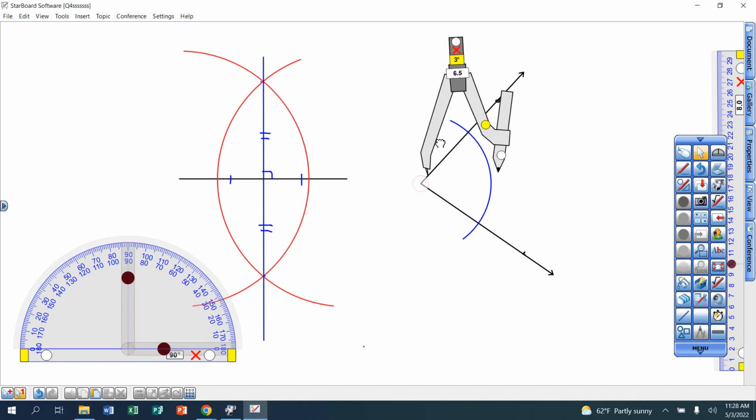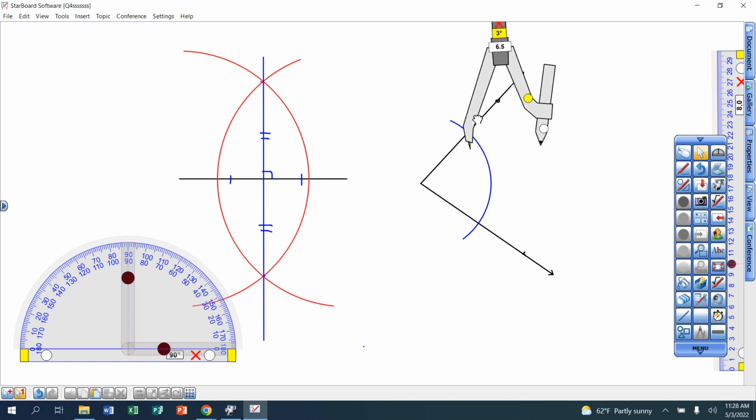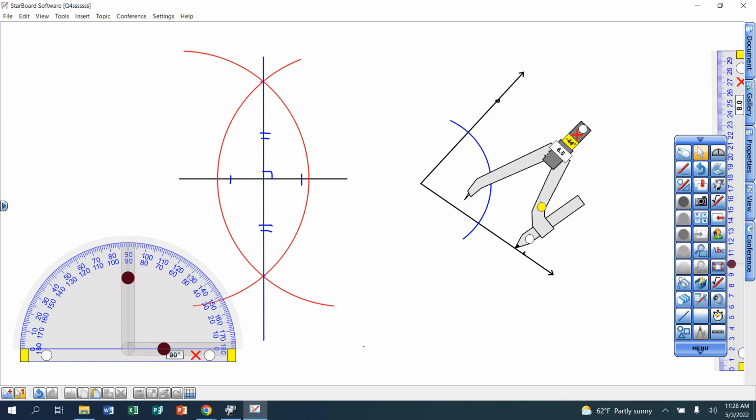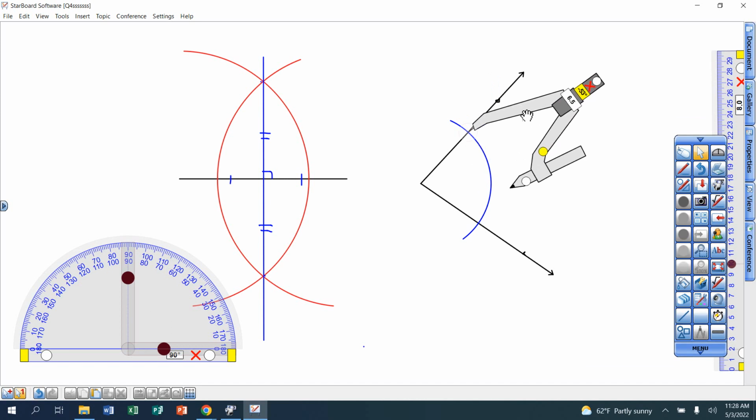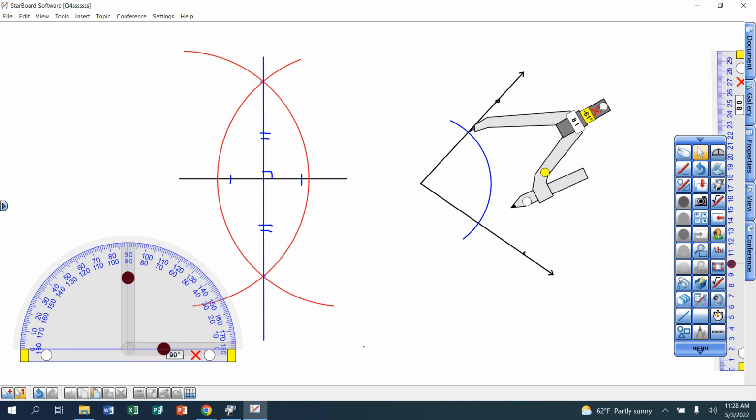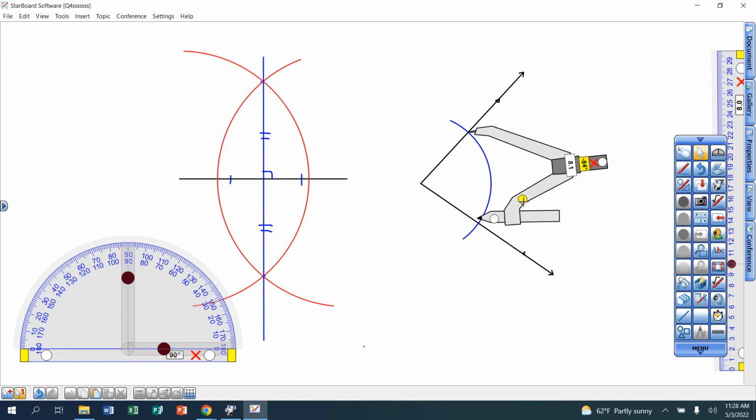I need to measure, which means put the tip all the way up there and then put the other part of my compass, the pencil part, so it lines up exactly with that opening. So I'm going to adjust mine a little bit. Looks like I need to pull it in a little bit. Pull it up, pull it out. Perfect right there. Perfect size.